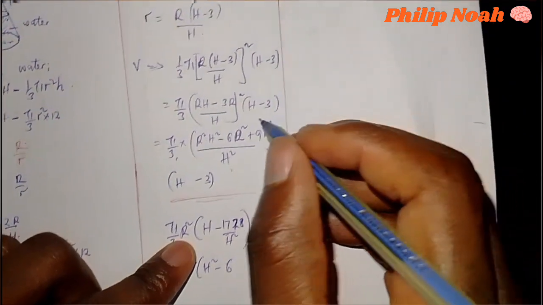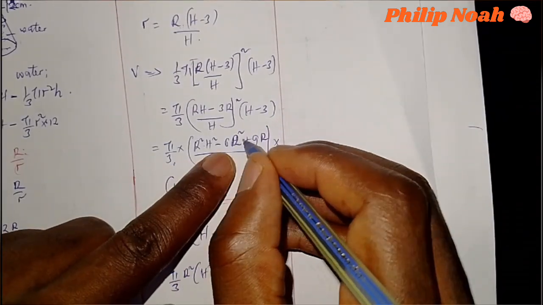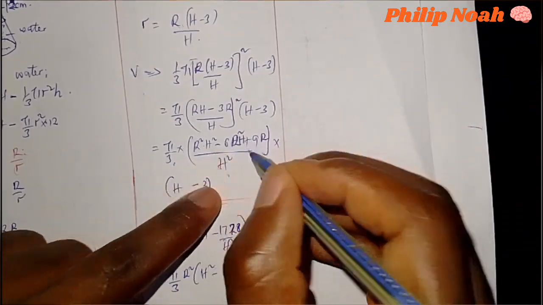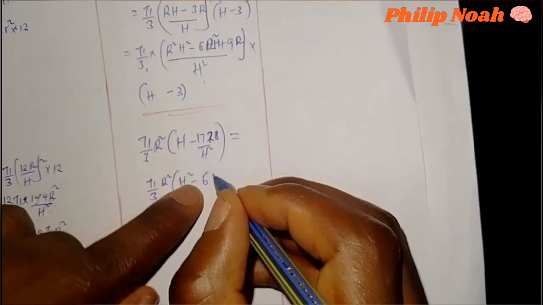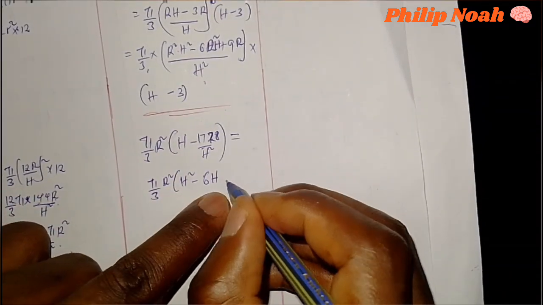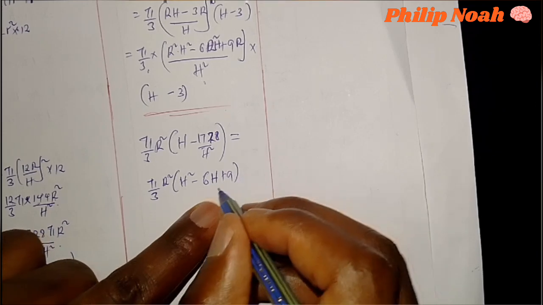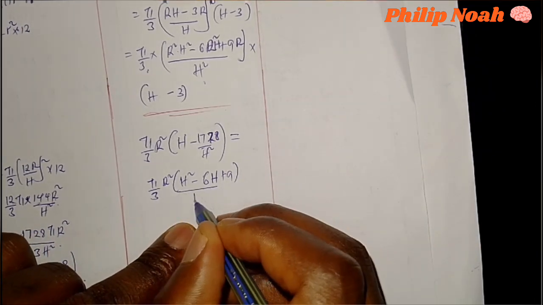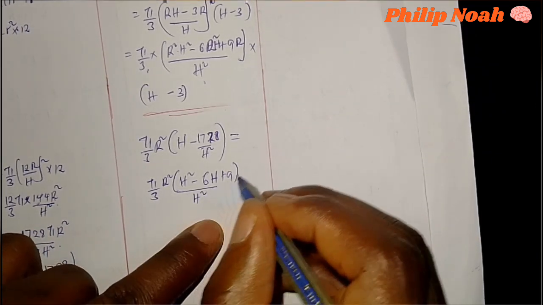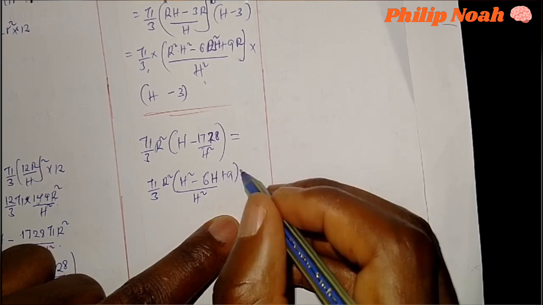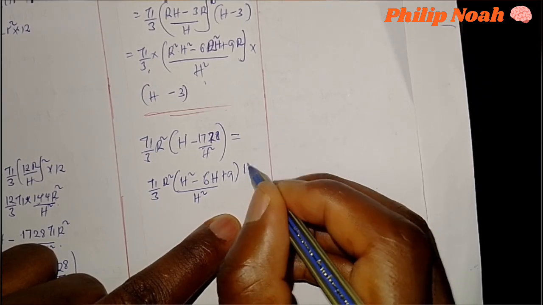There was a mistake here. This is 6h, yes, 6h. So it's h squared minus 6h plus 9, the whole of this over h squared, times h minus 3.